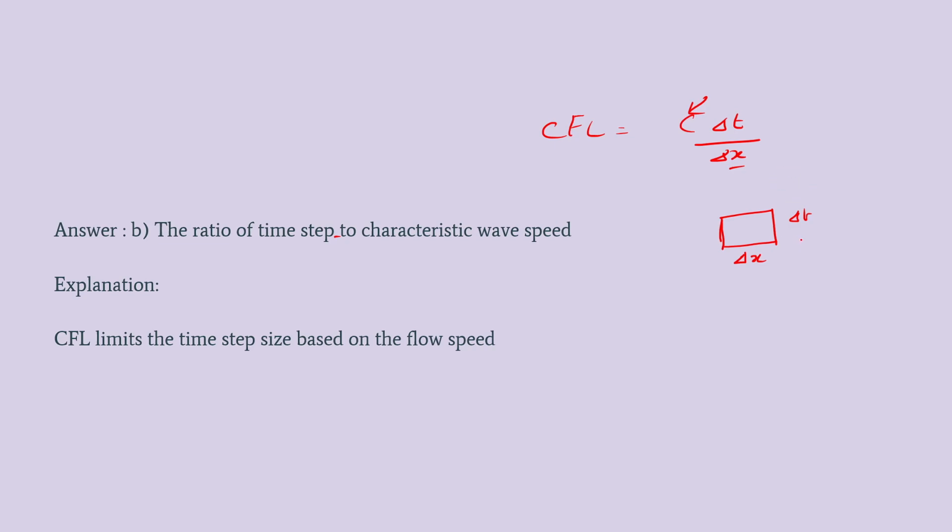So this ratio should be small enough to capture the property being transported. So when the property phi is being transported with the characteristic wave speed c, then the spatial discretization delta x and temporal discretization delta t should be small enough to capture the variation in this transported property.